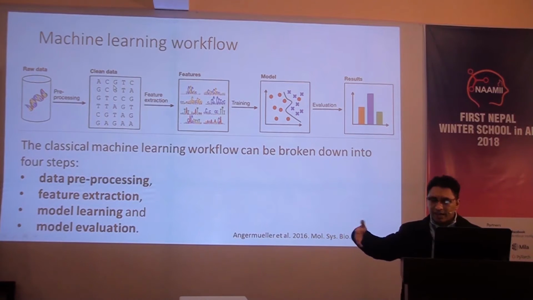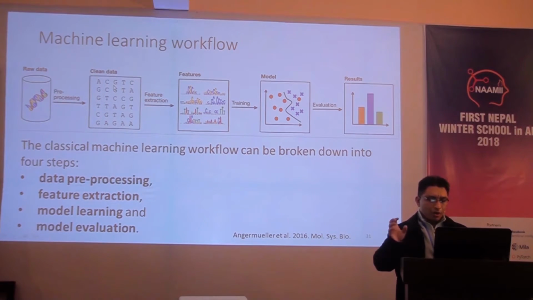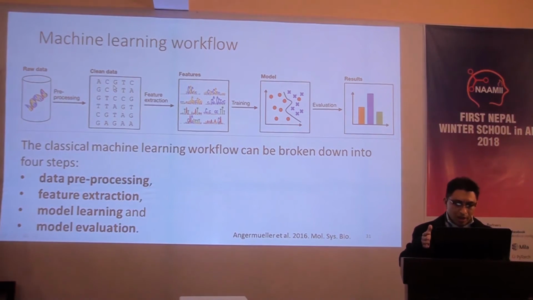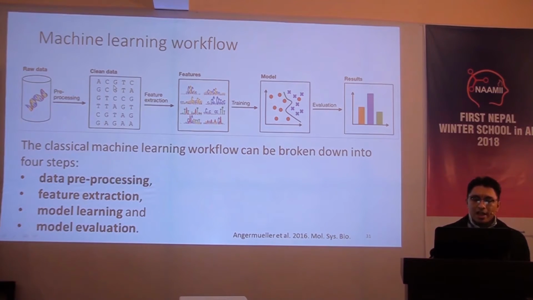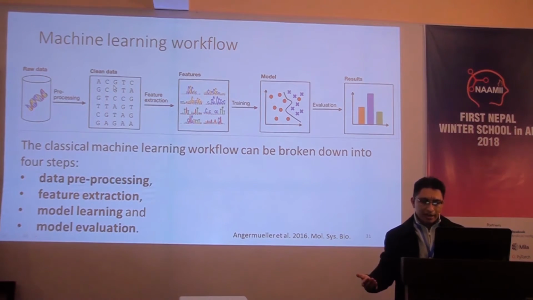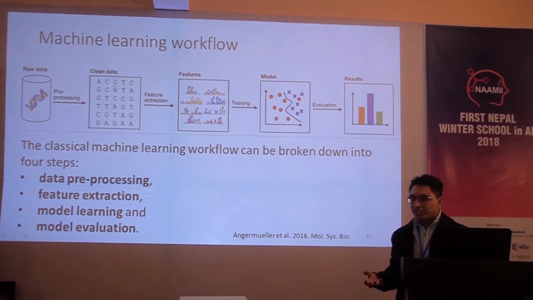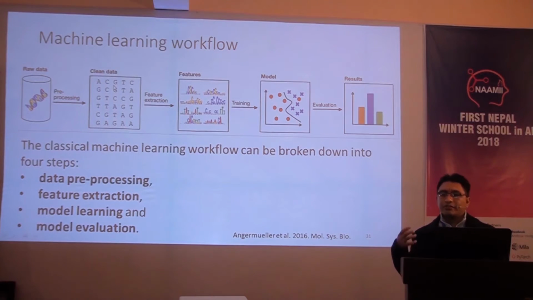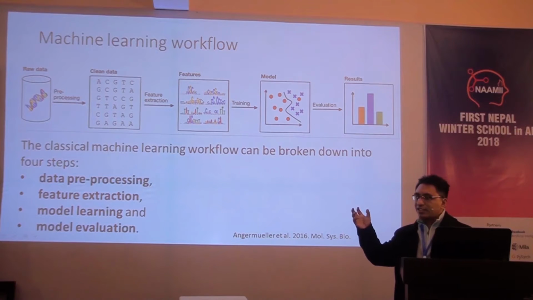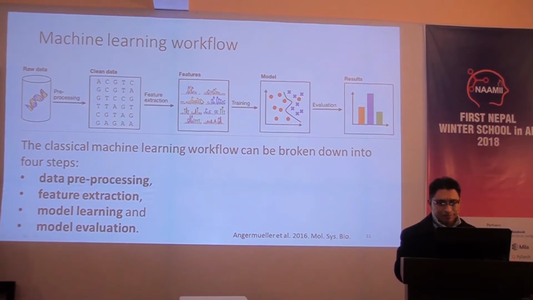As I just talked about, sequence alignment, sequence assembly, and all those steps come in the data pre-processing stage. After data pre-processing, the data is ready to be analyzed, and then we perform feature extraction. That is, we identify different patterns of the combination of A's, T's, C's, and G's in that particular region where the transcription factor might bind.